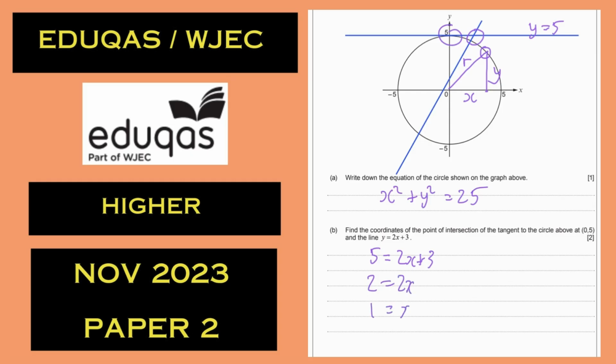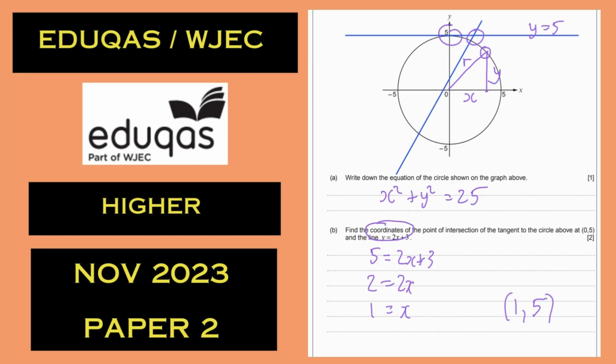Our x coordinate is 1. It wants us to give our answer as a coordinate. Make sure you do as you're told. X is 1, y is 5. Yeah, I'm afraid it was that easy, but boy, is it pretending to be a lot more difficult, and you can certainly very easily miss that question out, thinking it's a lot worse than it actually is.